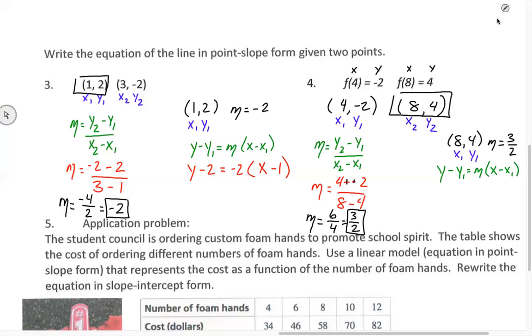And then I'm going to substitute. So I get y minus 4 equals 3 over 2 times x minus 8. Were you guys able to get that? All right.